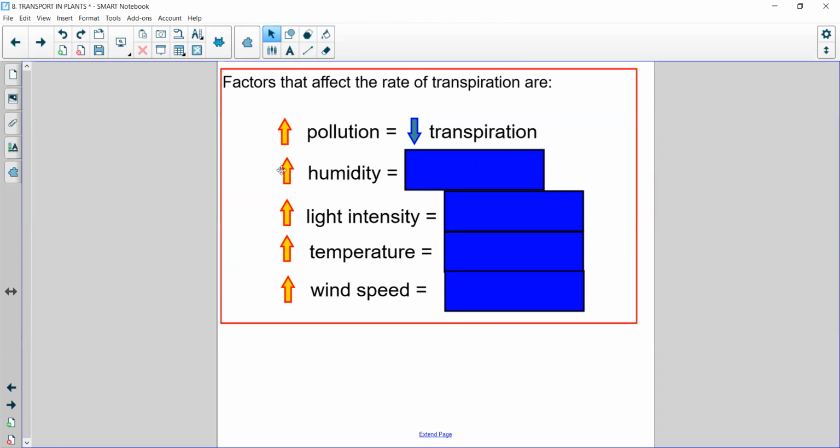Increased levels of humidity. So if we consider what that means, we're thinking, for example, of the tropical rainforest, that would be an area that has really, really high humidity. There's a lot of moisture in the air. If you have a plant in the bathroom when you have a shower, that would be a really, really humid environment, lots of moisture in the air. And we find that increased levels of humidity actually decrease levels of transpiration.